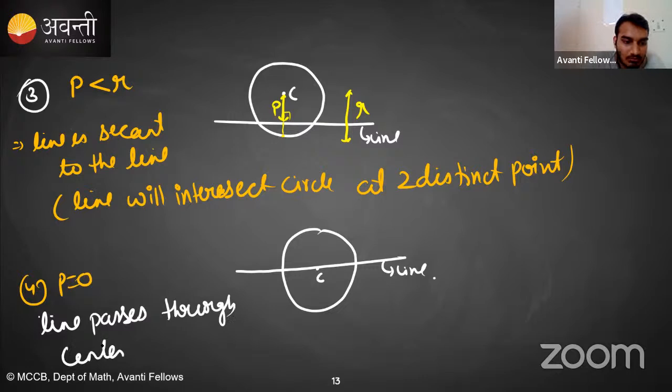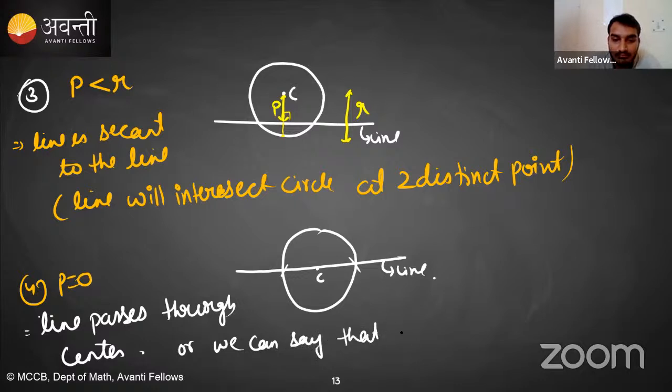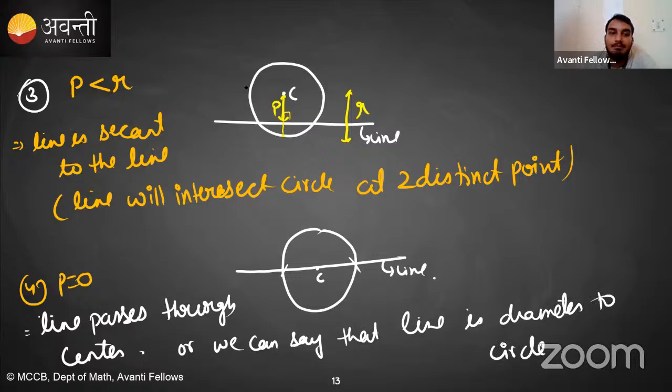So you can say that this line acts as a diameter of the circle, or we can say that the line is a diameter to the circle. Is that clear, everyone?